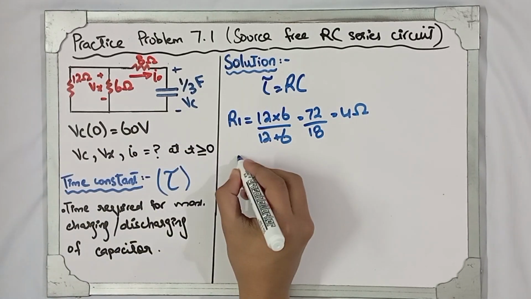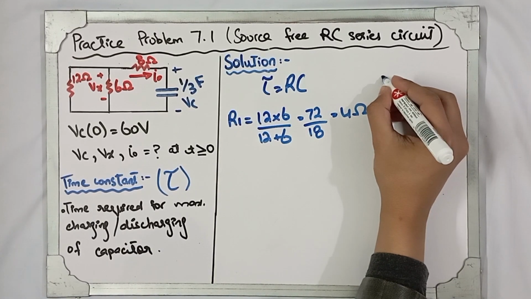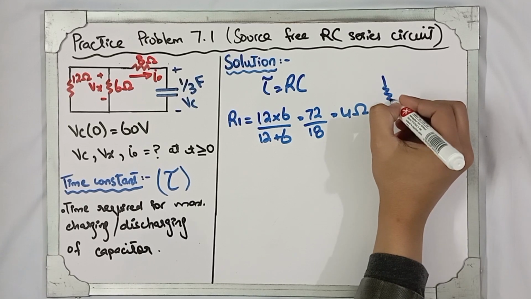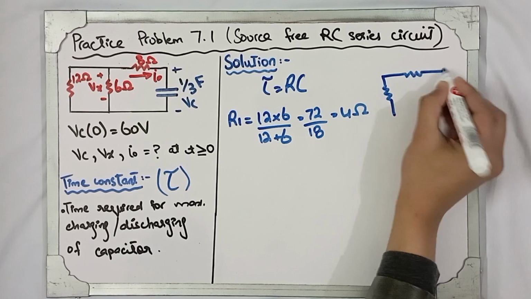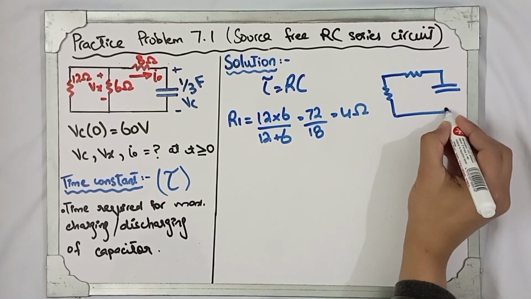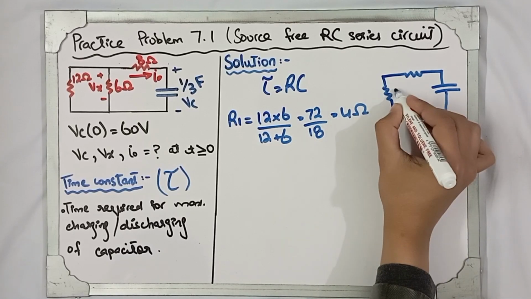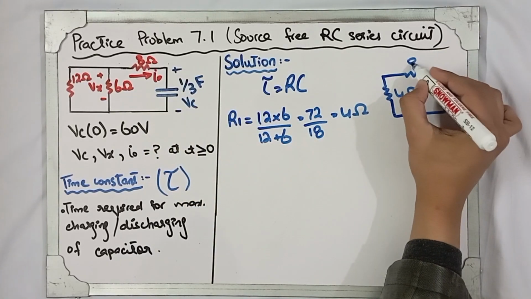Now redrawing the circuit, let's draw it here to save some space. So the equivalent resistor is here, the 8 ohm resistor and the capacitor. So 4 ohms, 8 ohms, the resistor.